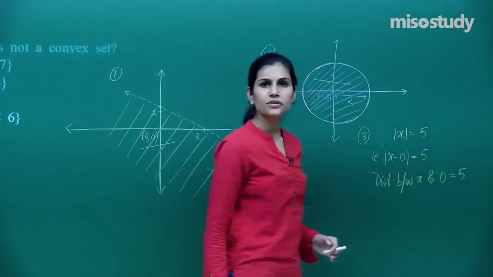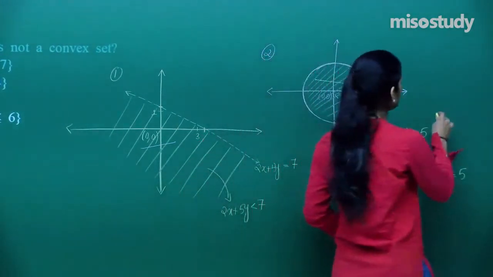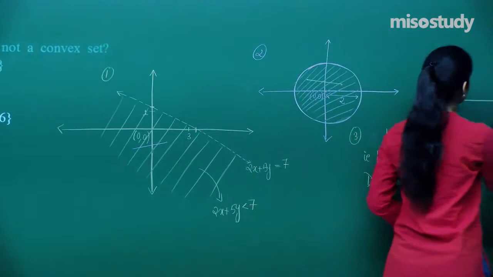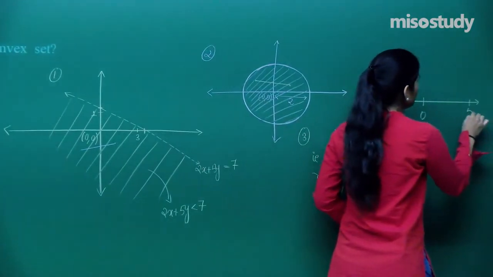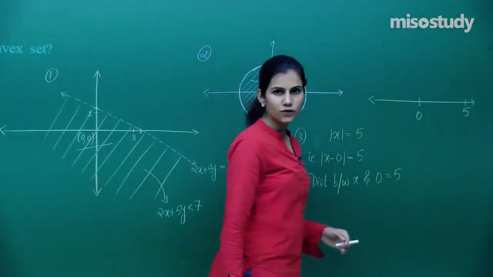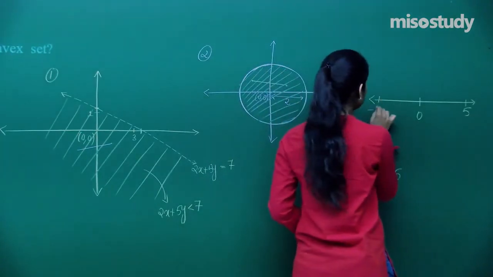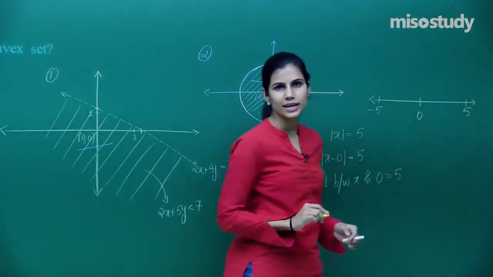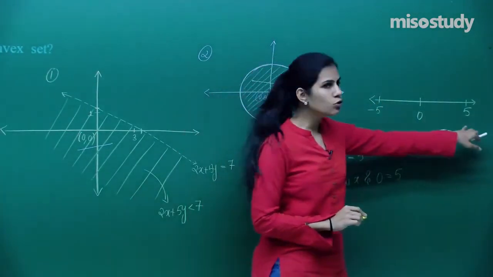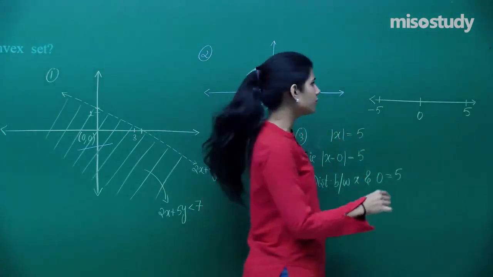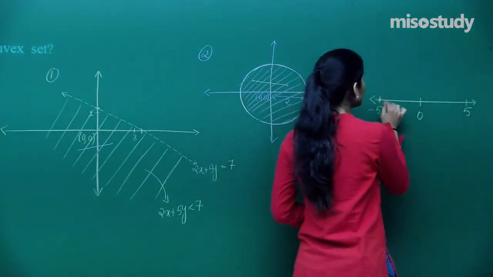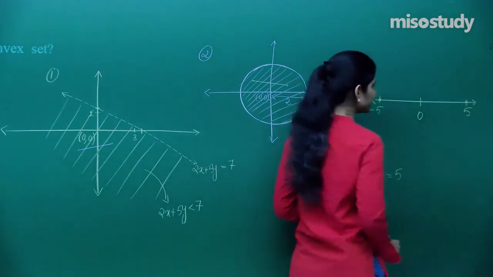Which are the points on the real line whose distance from 0 is equal to 5? Obviously 5's distance from 0 is equal to 5 and minus 5's distance from 0 is equal to 5. These are the only 2 points whose distance from 0 is equal to 5. So inside this set only 2 points will lie, 5 and minus 5.